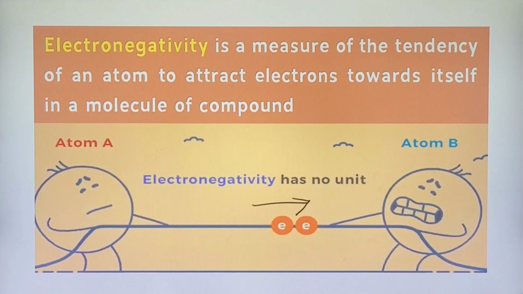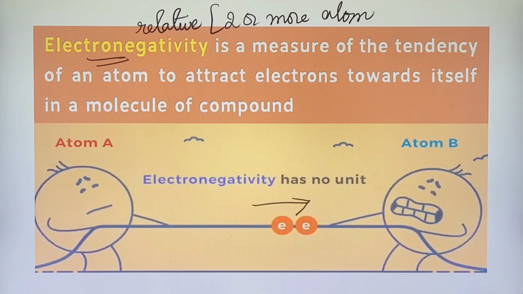Now, please remember here, electronegativity is a relative term. Am I clear? What do I mean by the word relative? It is between two or more atoms. Electronegativity can never be applied to an individual atom.